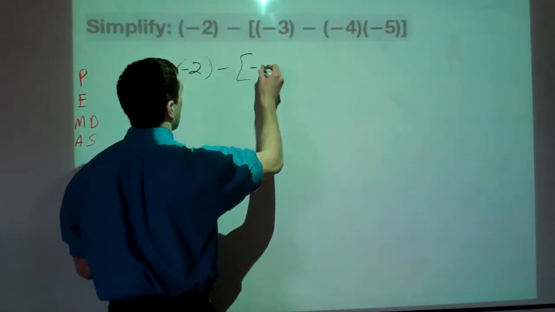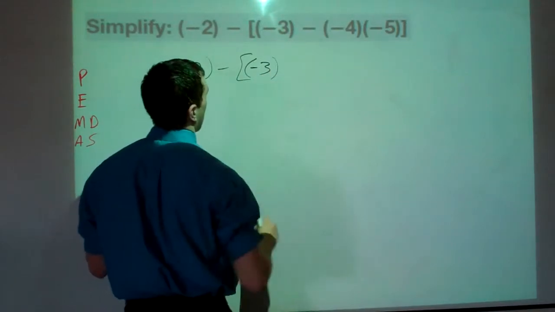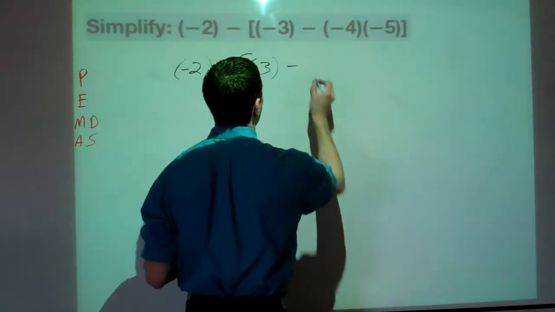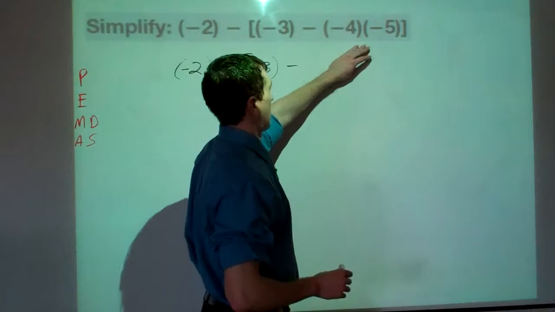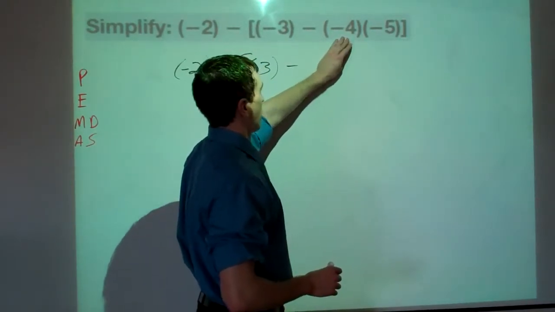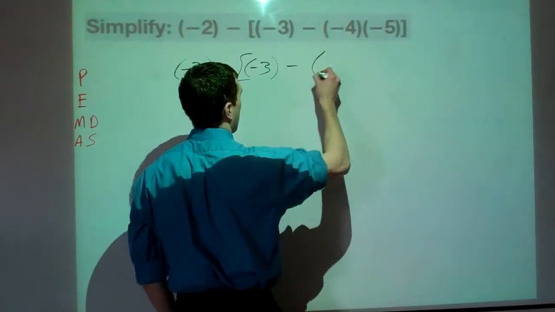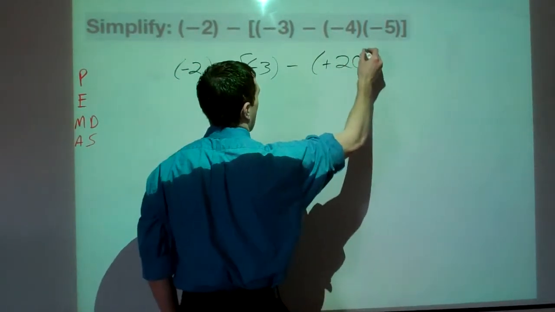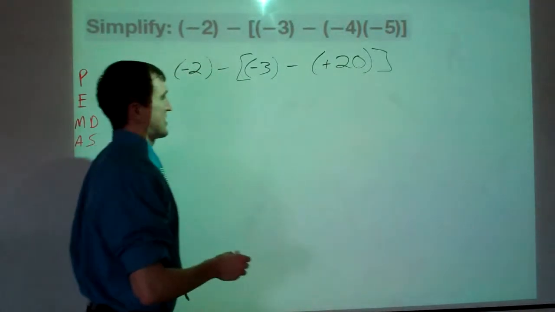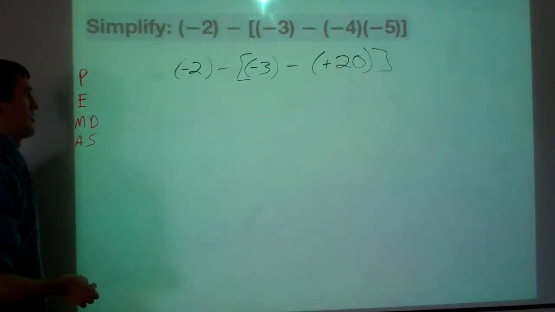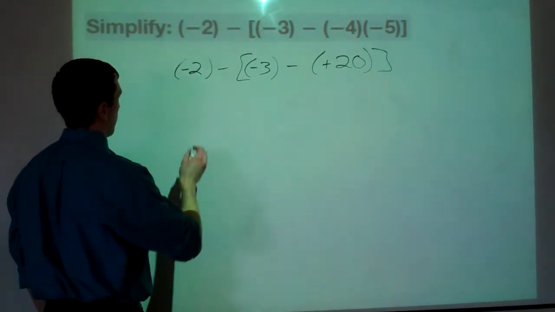Negative 3 minus negative 4 times negative 5. So we've got negative 4 times negative 5 is a positive 20, because a negative times a negative is a positive. Now let's manipulate a little bit here.